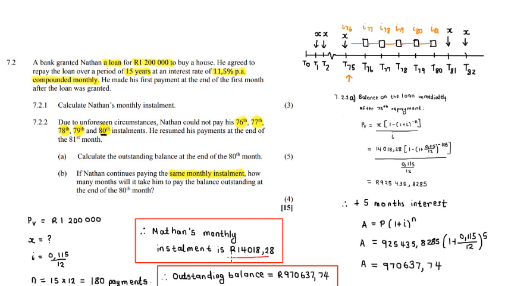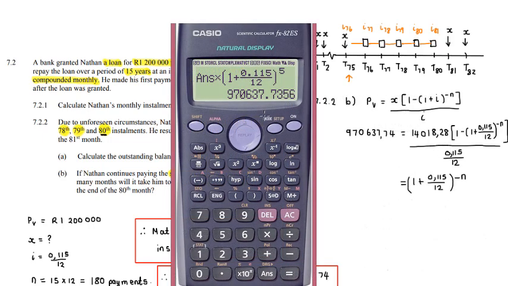So we're now going to take that information into 7.2.2b, and now we need to calculate how many months it's going to take him to cover this outstanding balance. Basically, this amount, the outstanding balance, we're going to multiply it with the interest rate. You've now done that step.